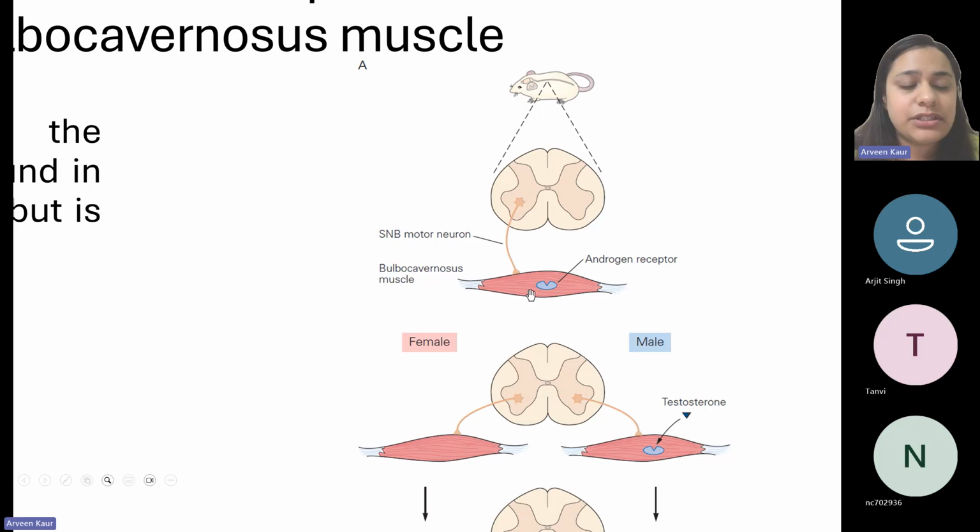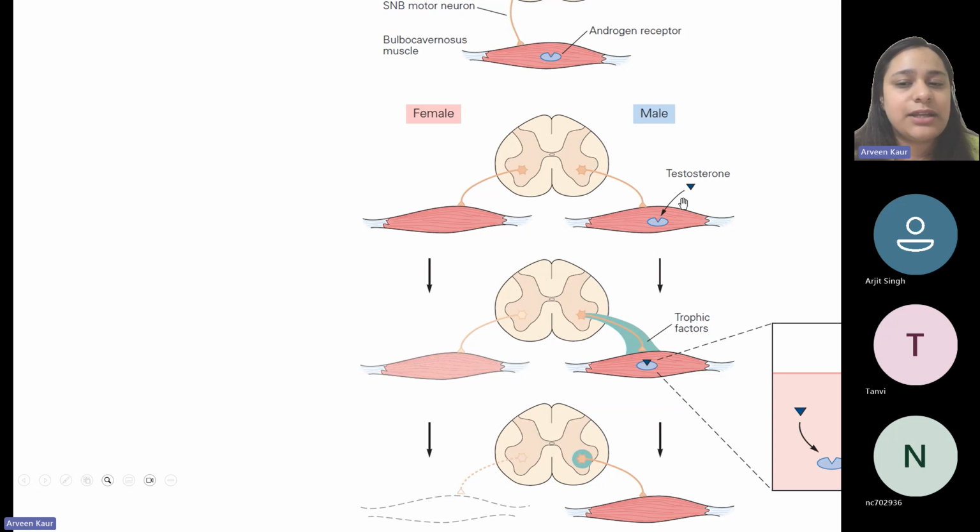Androgen is a male-specific hormone; testosterone is a kind of androgen hormone. During development, this bulbocavernosus muscle is present in both male and female. However, because there is an androgen receptor present in the male, this receptor can be stimulated by the testosterone present in the male.